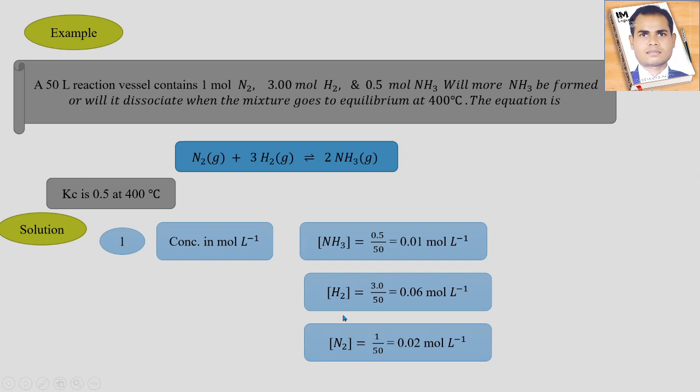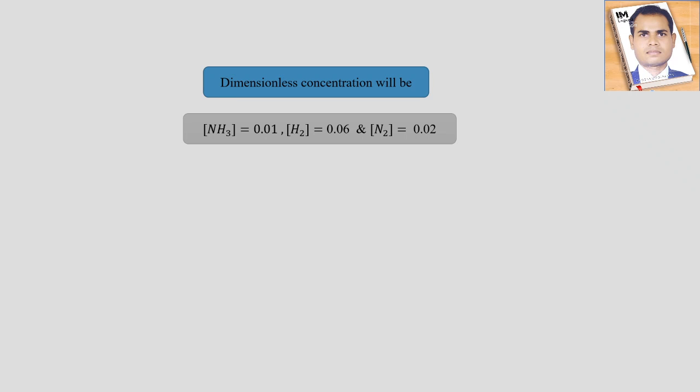We do the same for all species: 3 for hydrogen and 1 for nitrogen. So you will get for ammonia 0.01, for hydrogen 0.06 and for nitrogen 0.02 moles per liter. So the dimensionless concentrations are ammonia 0.01, hydrogen 0.06 and nitrogen 0.02, without unit.